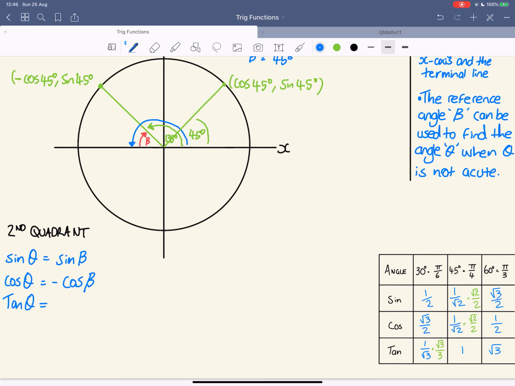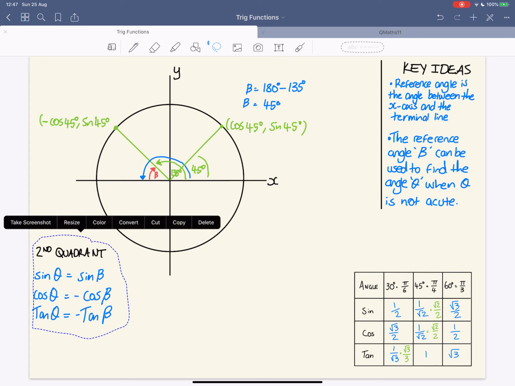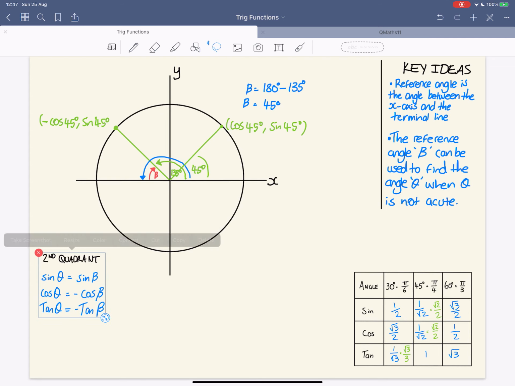And so sine divided by cosine, we have a positive divided by a negative, and so the tan of an angle will be equal to the negative tan of your reference angle, okay? That's our second quadrant.